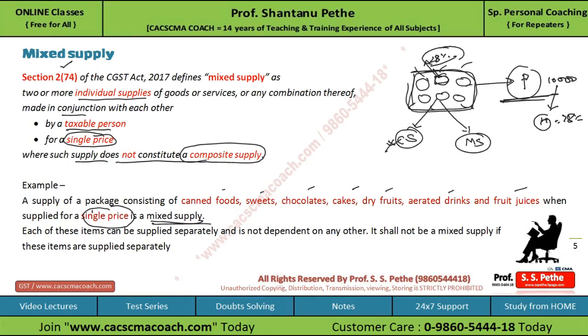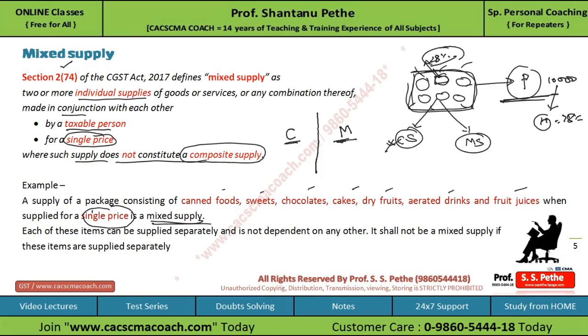And again, I just want to clarify that there is no clear demarcation between the composite supply and the mixed supply. You have to apply the test which is mentioned under the definition on each case. In each case, you have to check whether it's a composite supply or mixed supply, and accordingly tax liability will arise.